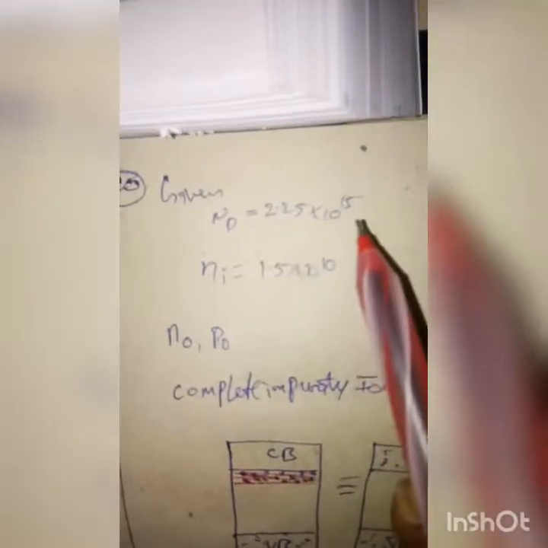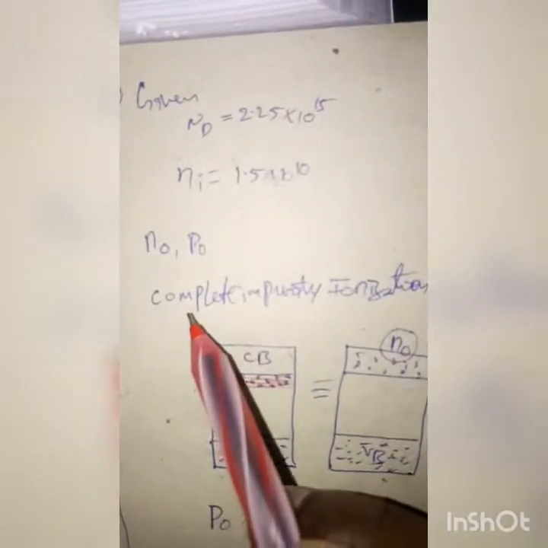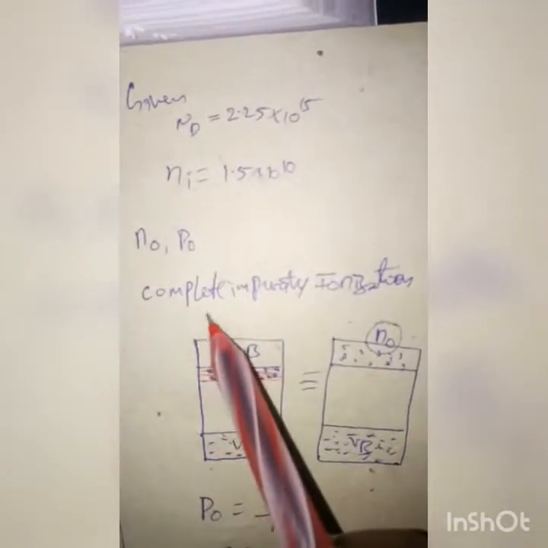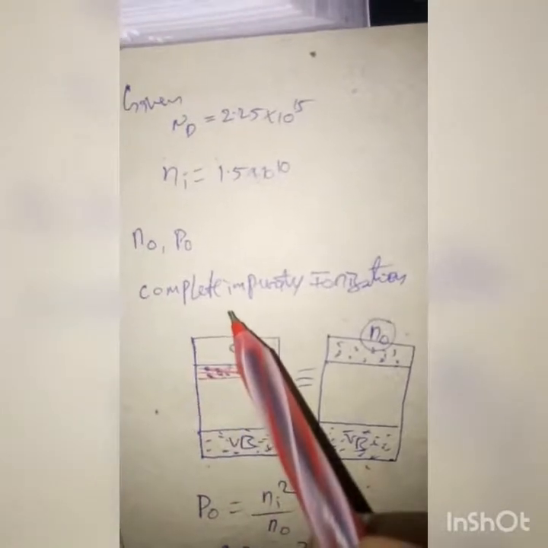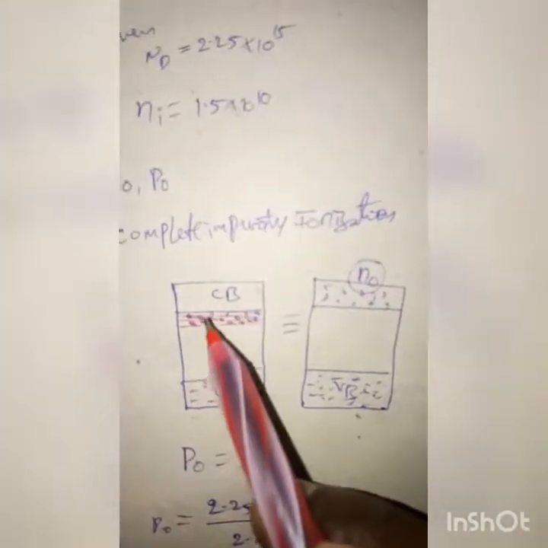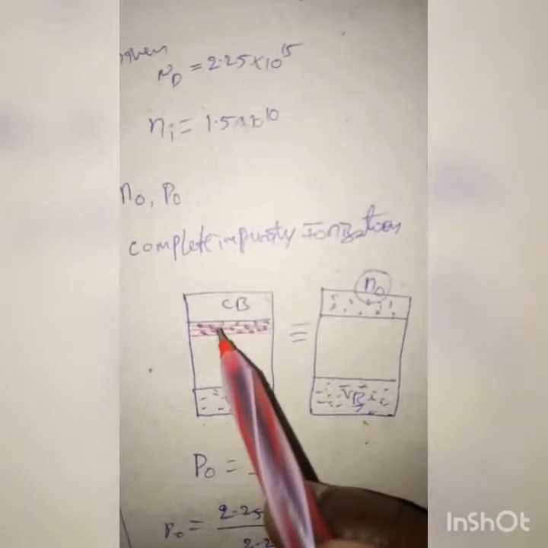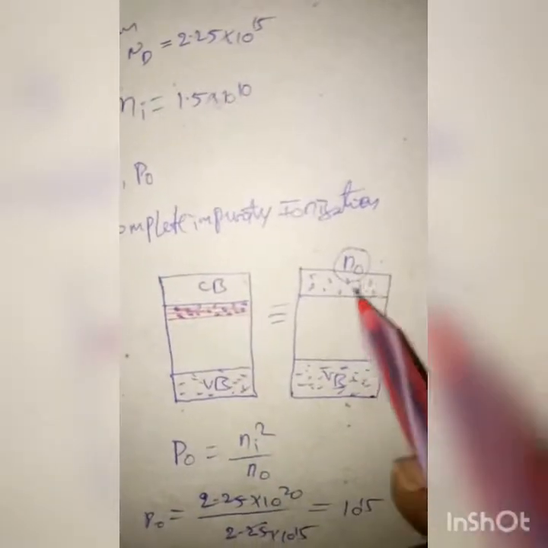See the solution. Nd is equal to 2.25 into 10 power 15. He gave everything. He asked about equilibrium. N0 and p0 are complementary. He gave one word, completely. Complete impurity ionization means all the electrons you are doping enter into the conduction band.